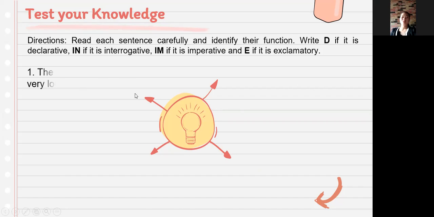So, number one, the prince's grade is very low. Kanto, can you please answer? The declarative. Very good.